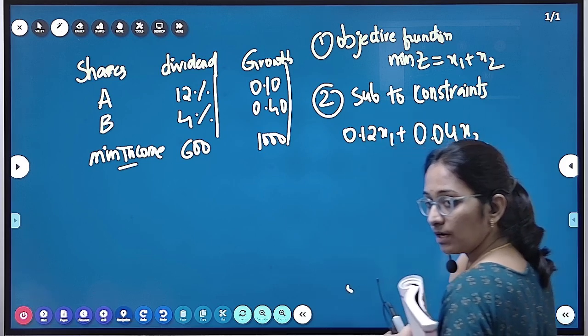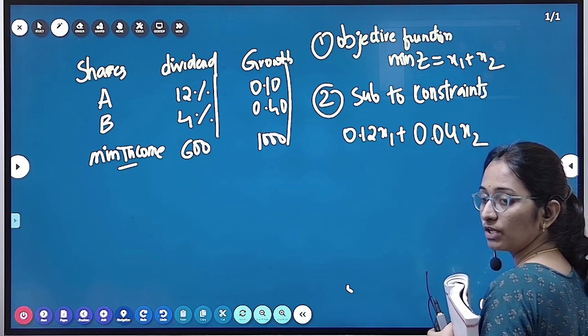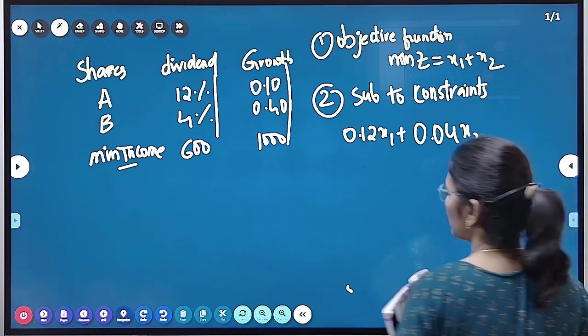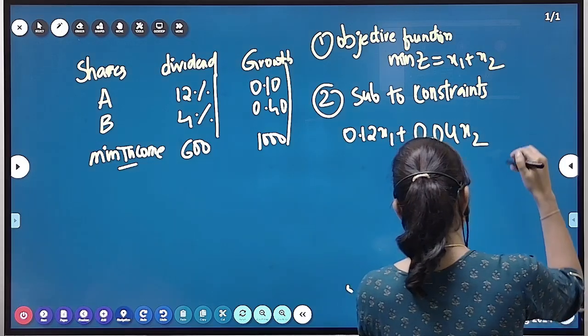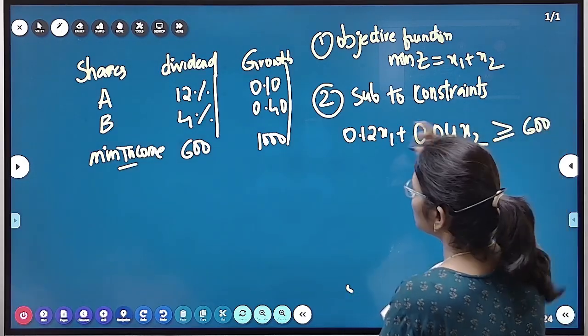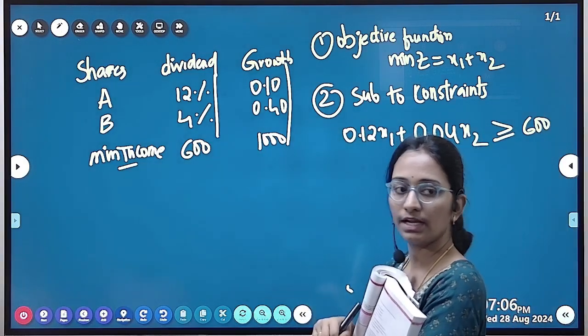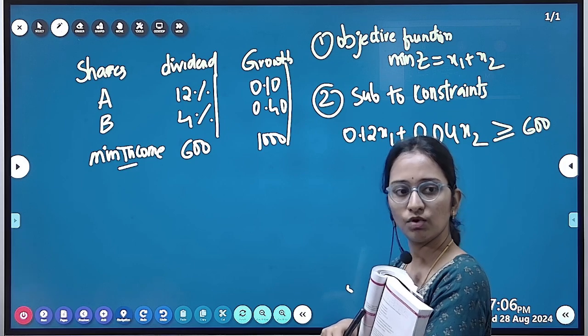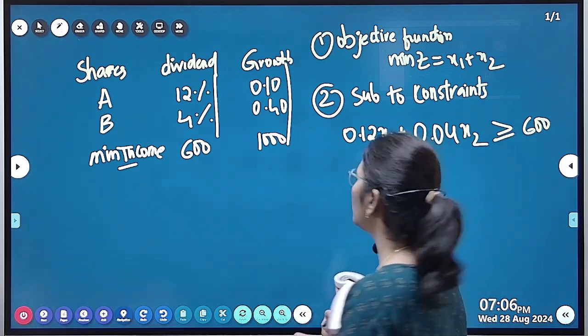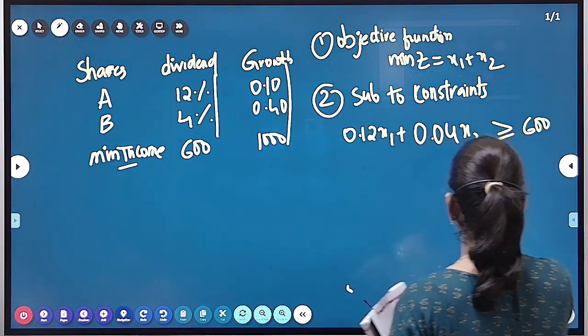Now should we put a greater than symbol, or else less than? Yes, greater than or equal to 600, because his minimum income is this one. He may earn more than that also sometimes. So it is greater than or equal to 600.